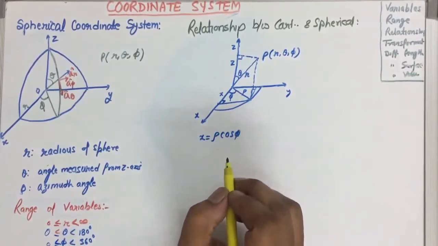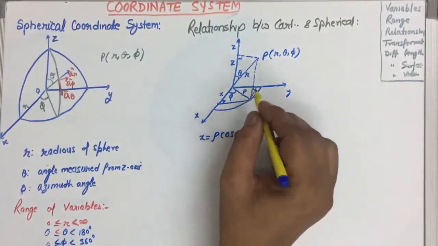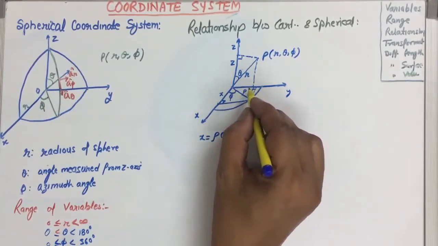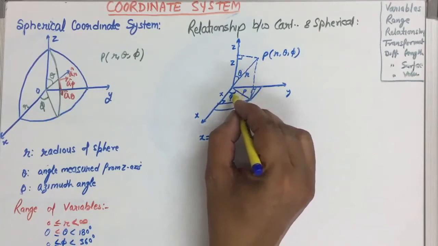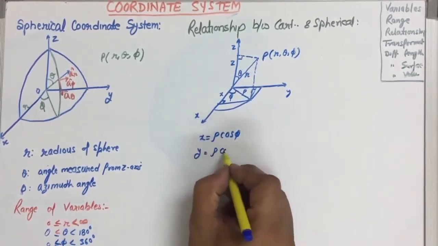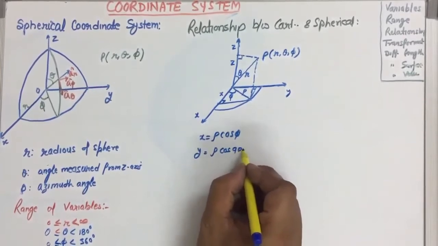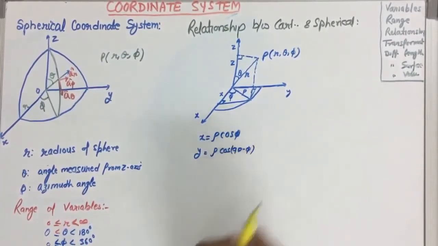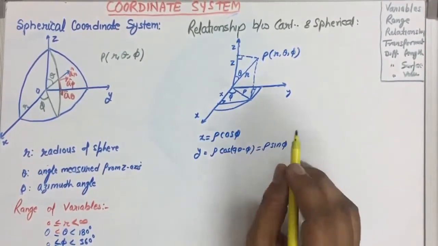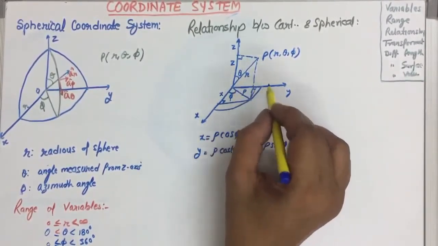Similarly, y will be, this is 90 degrees, and this is y, rho cos(90 minus phi), that is rho sin phi will be y.